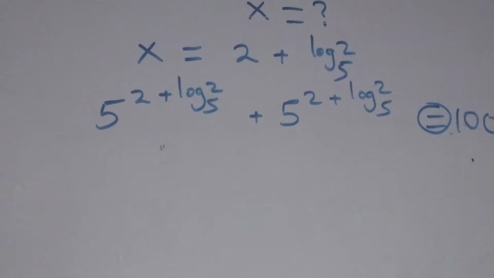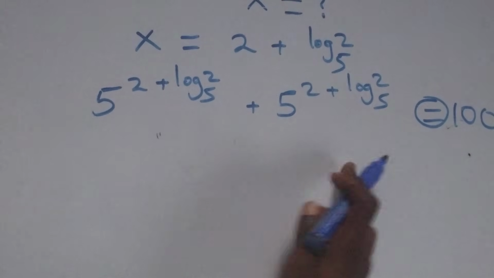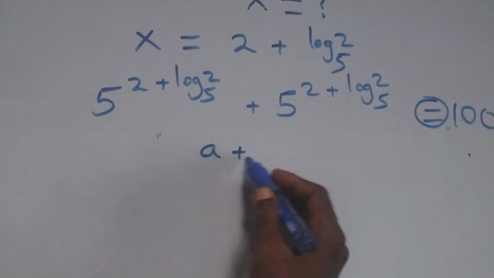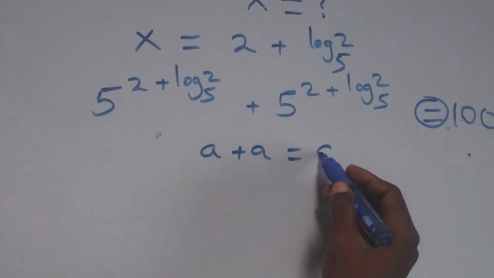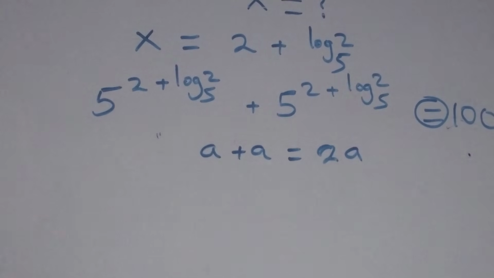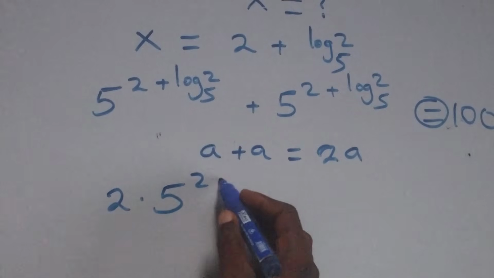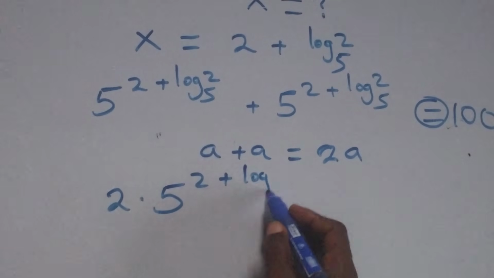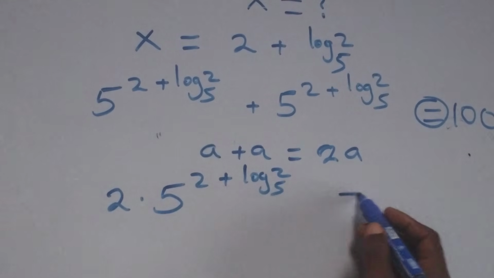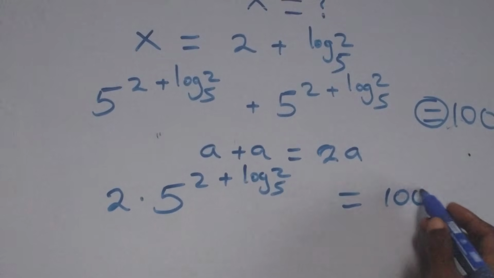When we have the same thing together, a plus a can be written as 2 times a. So also here can be written as 2 times 5 raised to power 2 plus log 2 base 5, is it equal to 100 on this side?